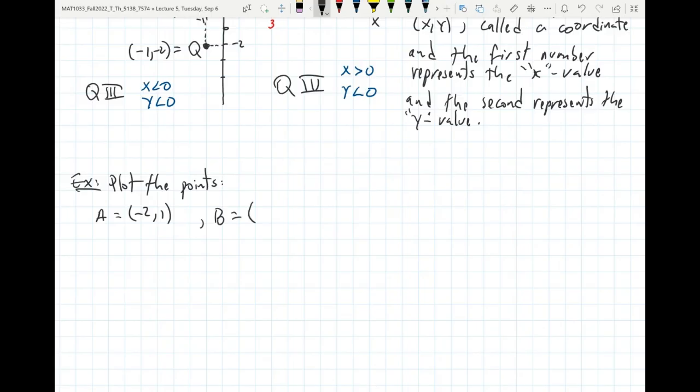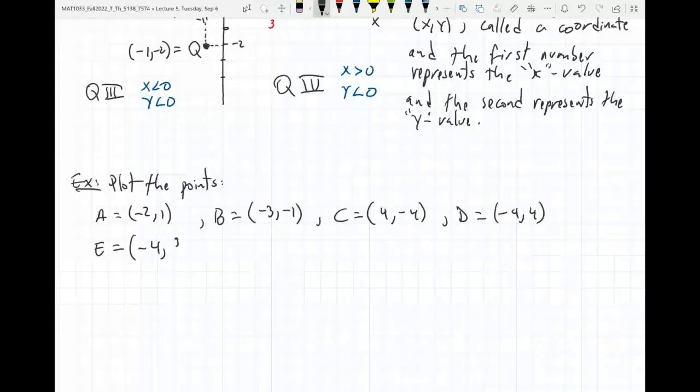Point B, let's say (-3, -1). Point C, (4, -4). And (-4, 4). And then finally, point E is the one with the fraction, (-4, 3/2).